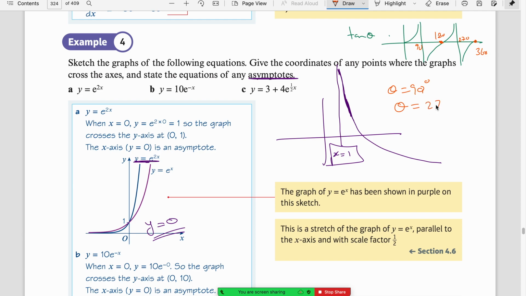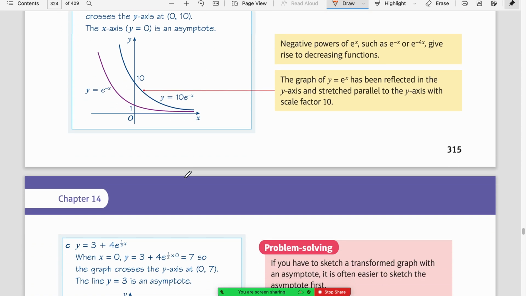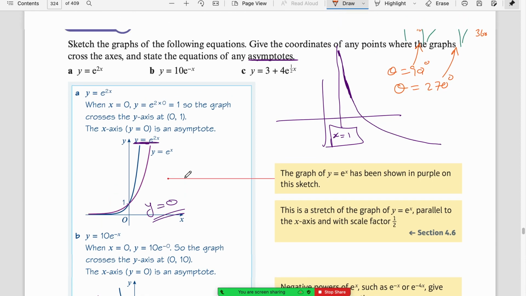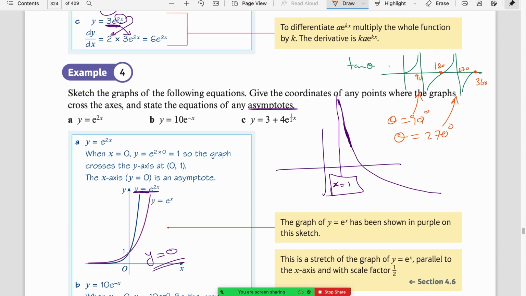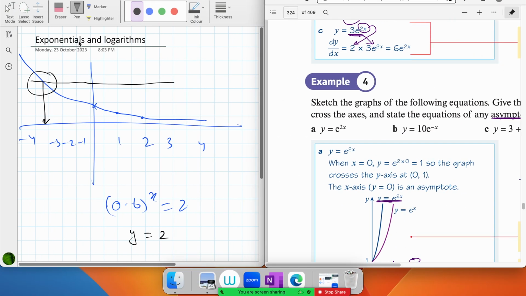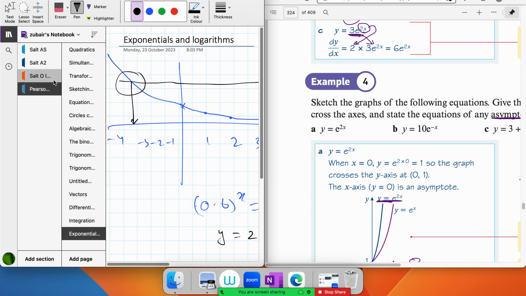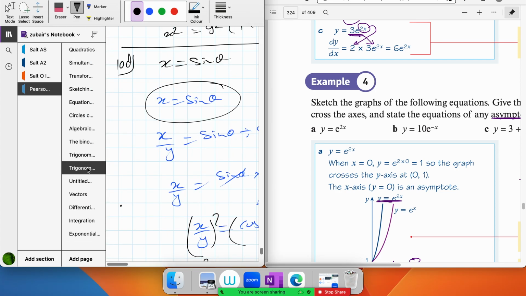At theta equal to 270 degrees, that is again an asymptote. The graph of tan comes closer to this vertical line but never touches it. An asymptote is that vertical or horizontal line where the graph comes closer to it but never touches it.